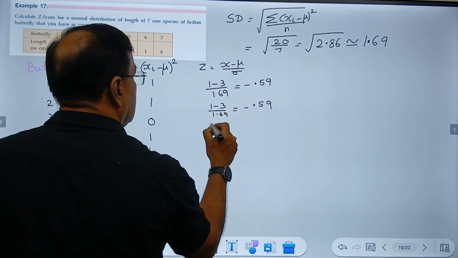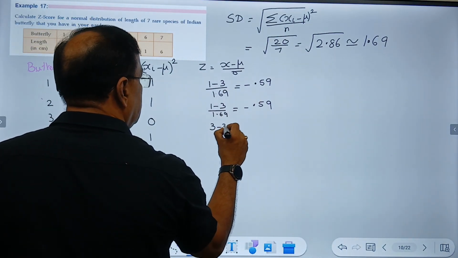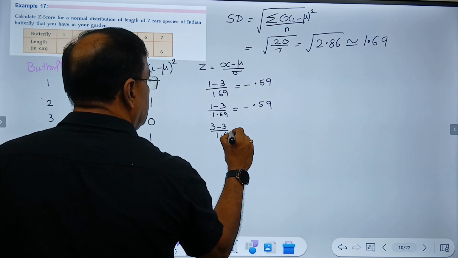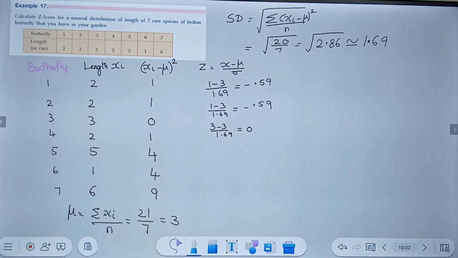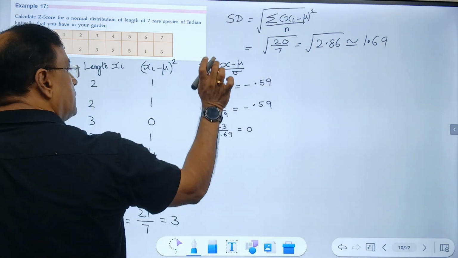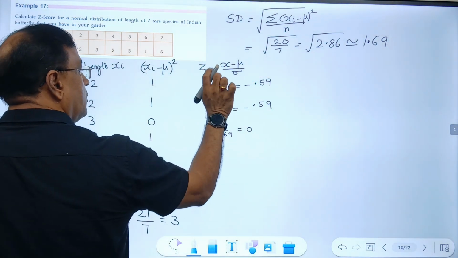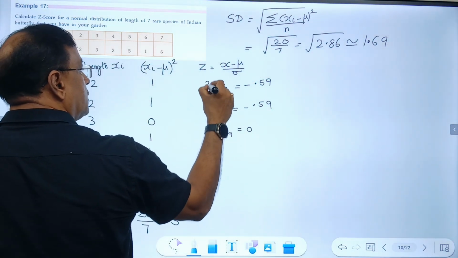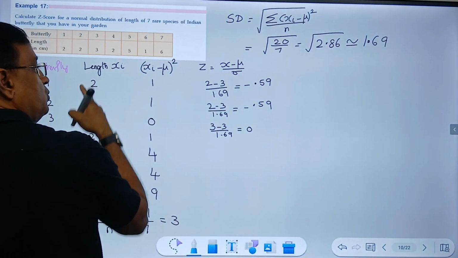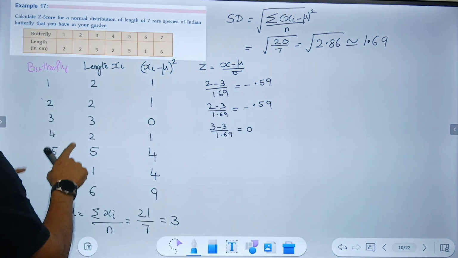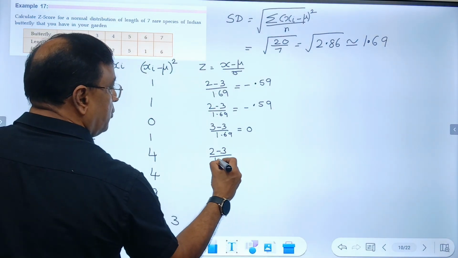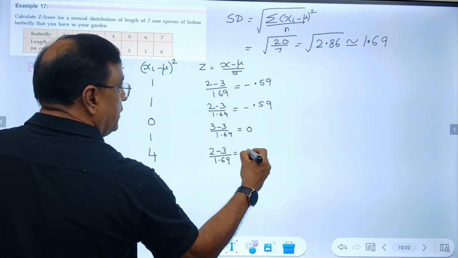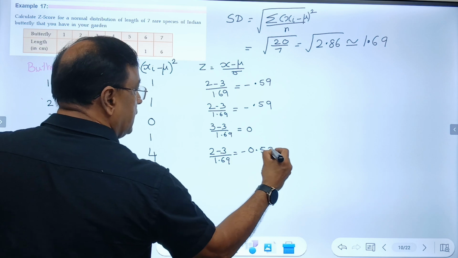I made a mistake. It is 3 minus 3 by 1.69, so it is 0. Here also I made a mistake, it's actually 2. I got confused with this value, it is actually 2, right? Then again it is 2 minus 3 by 1.69, which is minus 0.59.